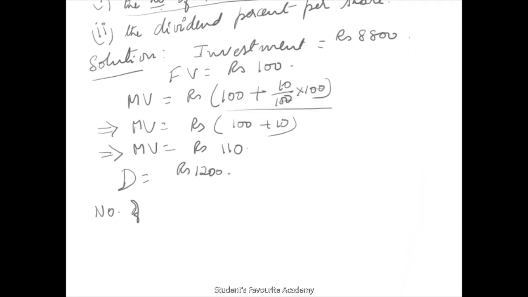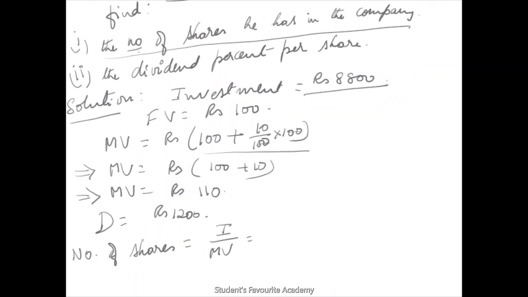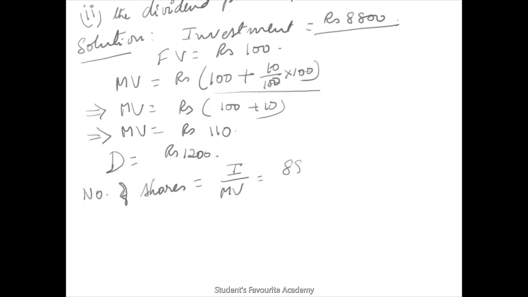Number of shares is equal to investment upon market value. That is, investment is rupees 8,800 upon market value 110. So 0 0 cancels, 11 ones are 11, 11 eights are 88, and 0. So number of shares is 80.